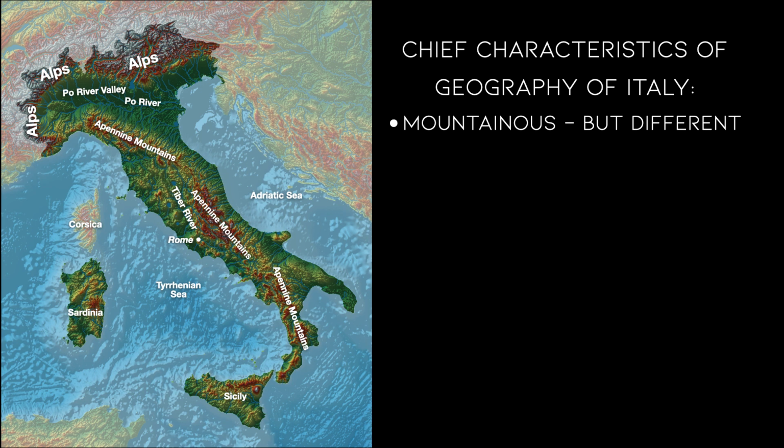So very mountainous, but I want you to note this is different than the Greek mountains. The Greek mountains were such that it really divided the Greek city-states, and they never managed to really unify into a central polity, a central state body. So they were all very separate.